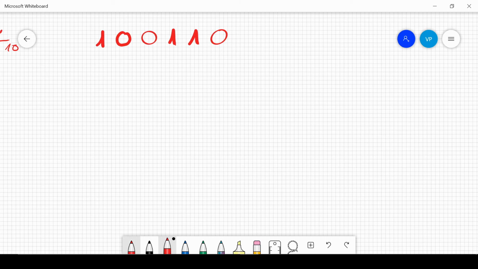And once again we start from the right side. That will be 2 to the power of 0, 2 to the power of 1, 2 to the power of 2, 2 to the power of 3, 2 to the power of 4, 2 to the power of 5.